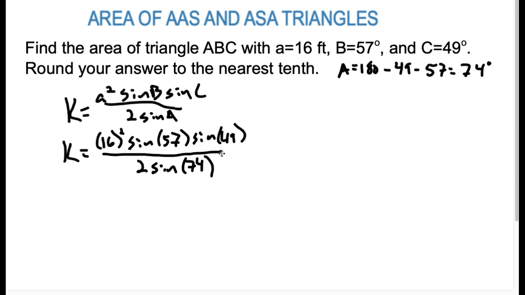And we can plug all of that into the calculator. I'm just going to do it on my calculator here instead of the one on the computer. Times sine of 49 divided by 2 sine of 74. So I got 84.3.